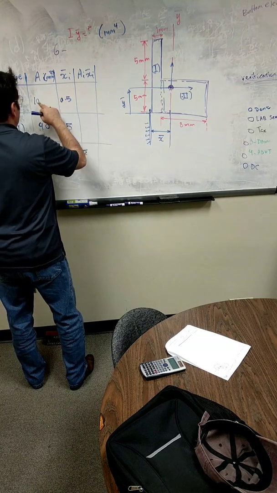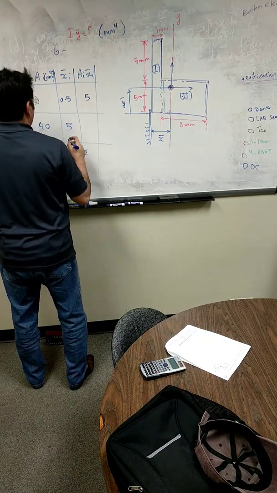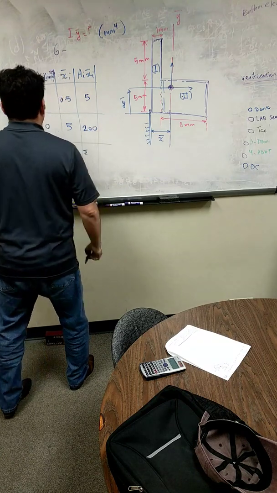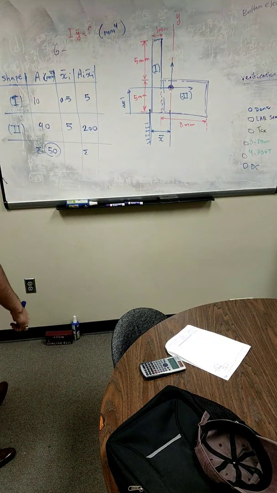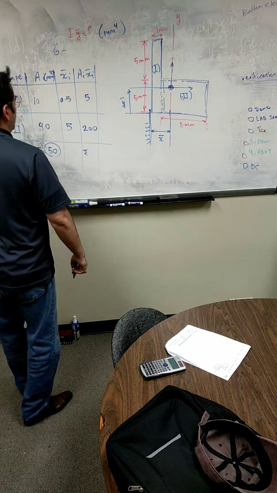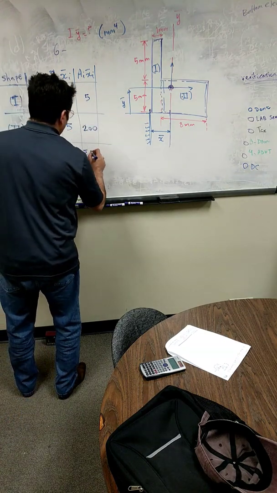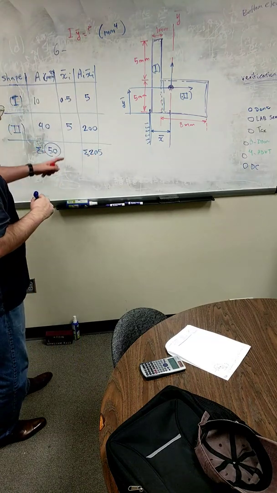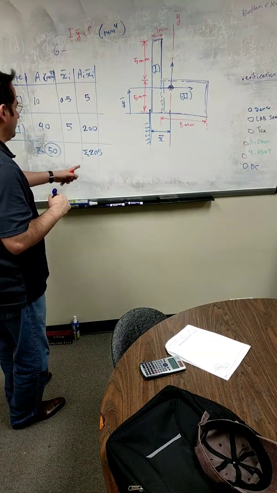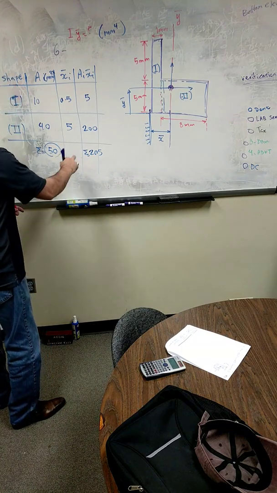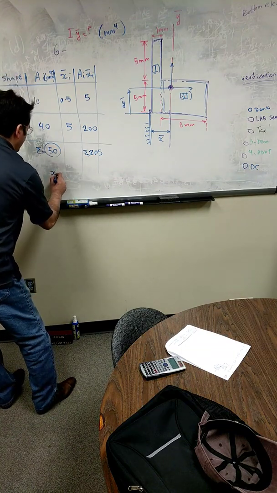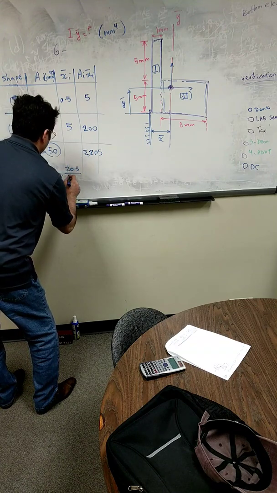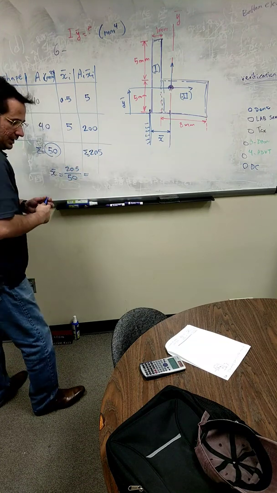This is going to be 5, and this is going to be 200. If you sum them up, you get 205. Then you divide. So your X bar is equal to 205 divided by 50. With a calculator.